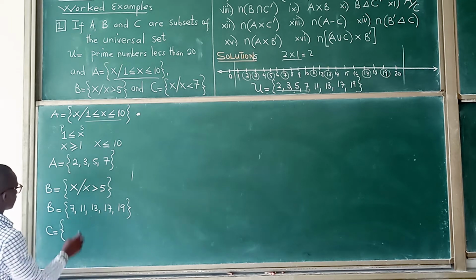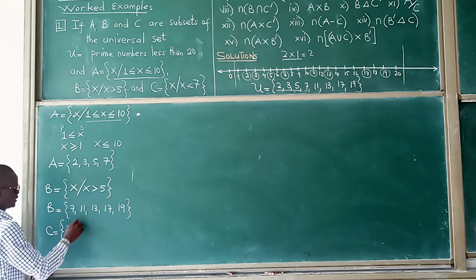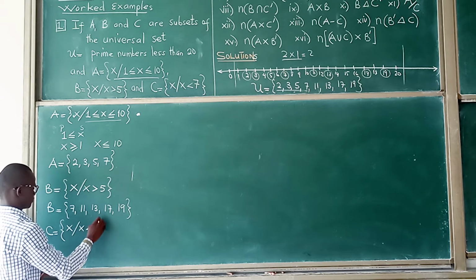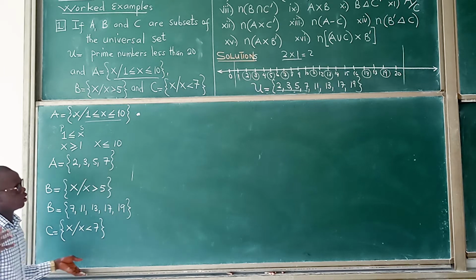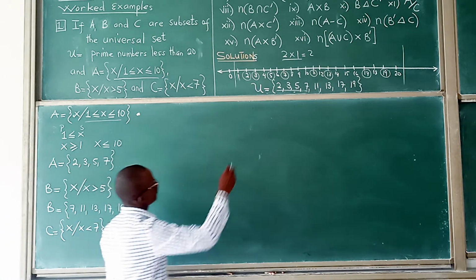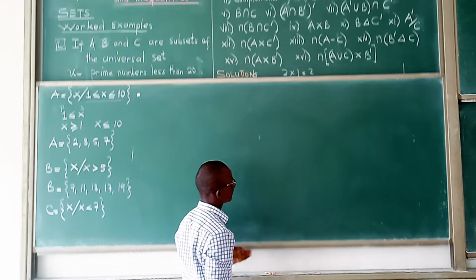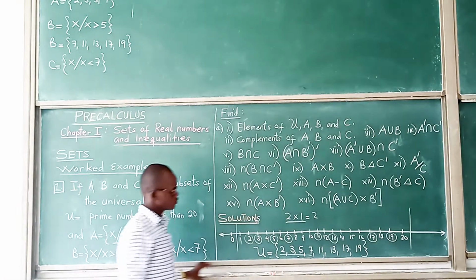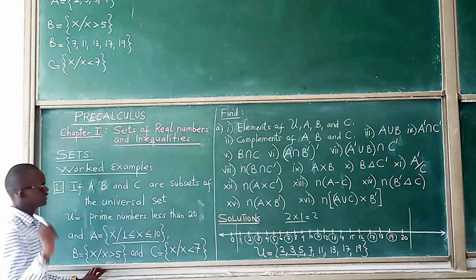Set C says all x such that x should be less than 7. So if we look at the universal set and we are selecting values, all those values must be less than 7.